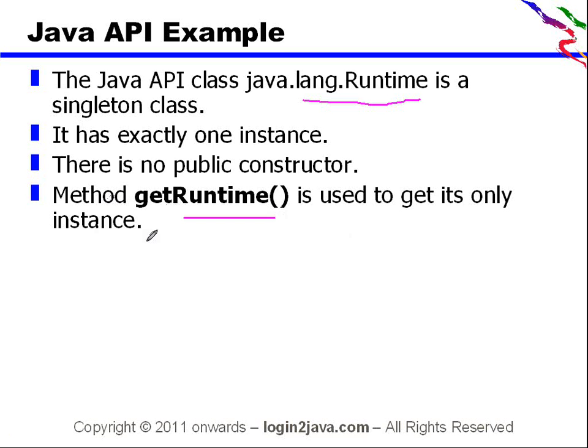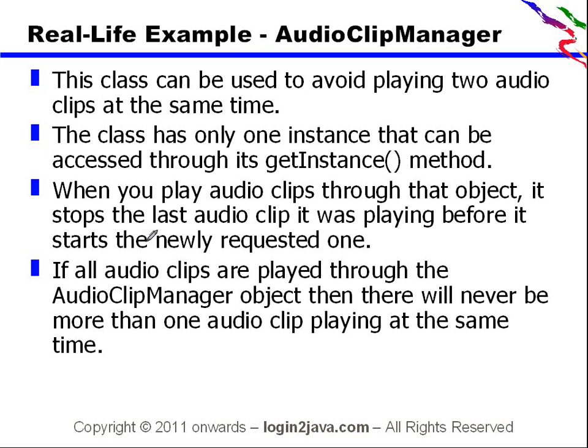Now let's see one example. An AudioClipManager. This class can be used to avoid playing two audio clips at the same time. The class has only one instance that can be accessed through its getInstance method. When you play audio clips through that object, it stops the last audio clip it was playing before and starts the newly requested one.